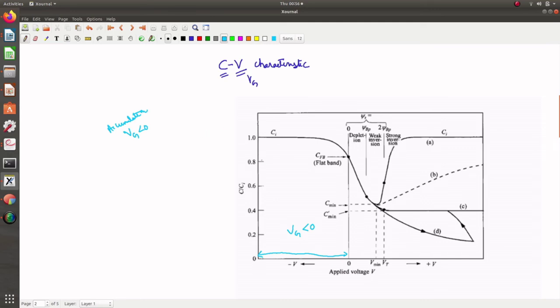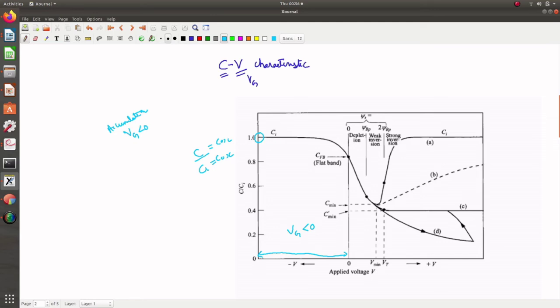We have C by Ci, where C is the total capacitance and Ci is the oxide capacitance. We had called it COX. Ci and COX are the same. At this point, the total capacitance is due to the oxide capacitance itself. That is why we are having 1.